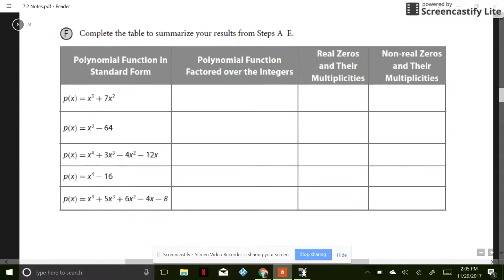Well, what does this tell us? We can factor these over the integers, which we showed already. We found the zeros and their multiplicities.